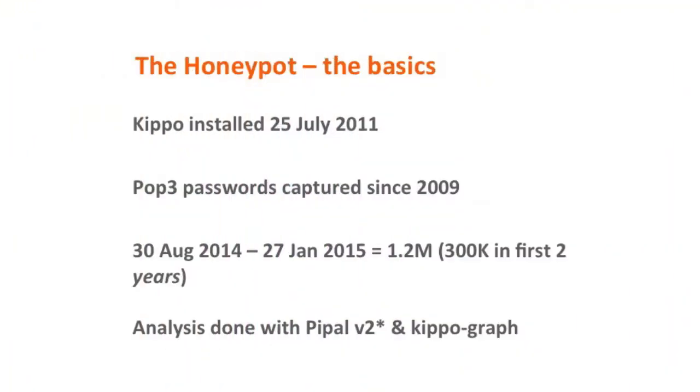The Honeypot, Kippo, has been installed since July of 2011, and we've actually been getting POP3 passwords on this Honeypot since 2009. But in this case, I just went back to about the 1st of September. I think it probably went back to about the 30th of August. But I ran about 5 months worth of data through.